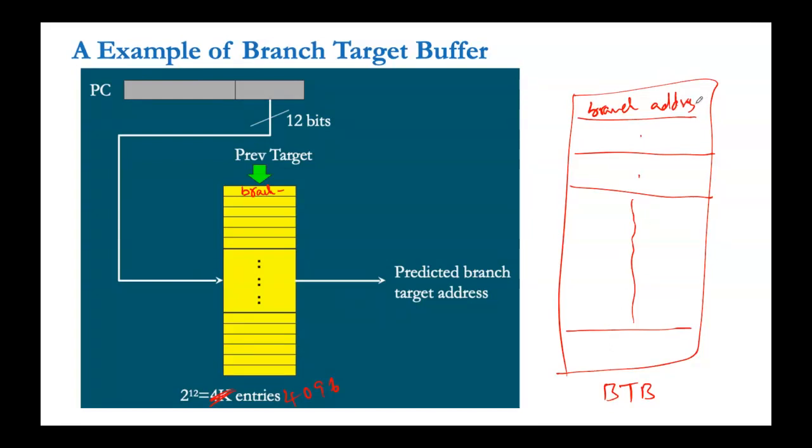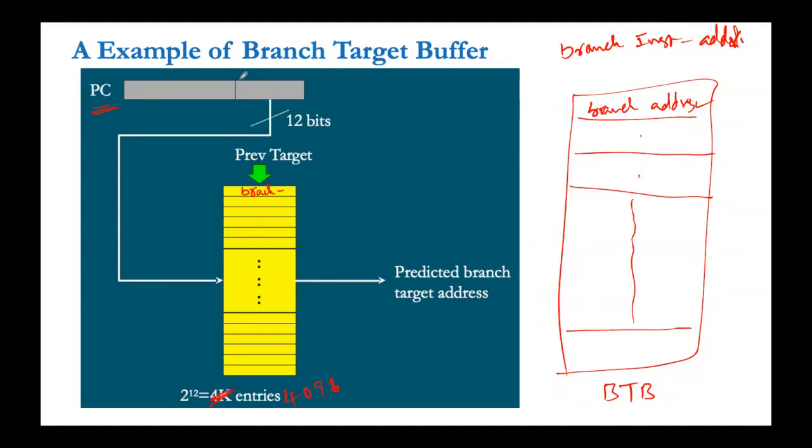So how do we identify whether the same address or a different one will be retrieved from this branch target buffer? It must be mapped from the branch instruction address only. This branch instruction address is stored in the program counter.